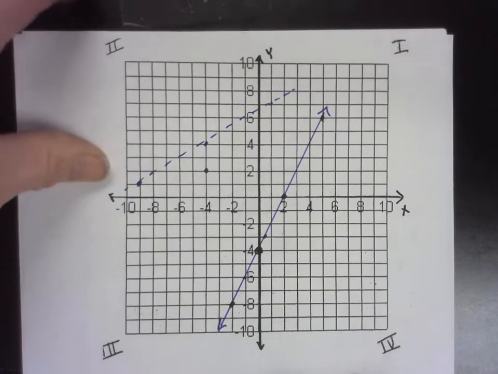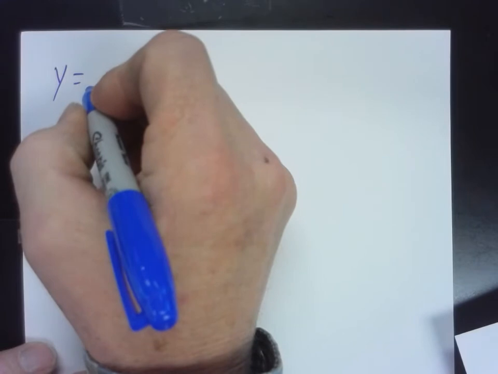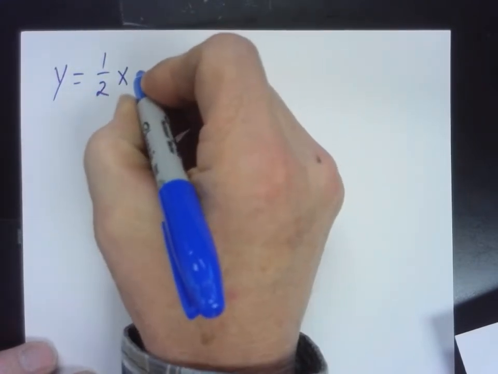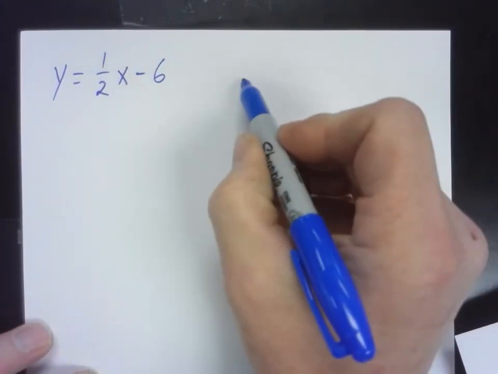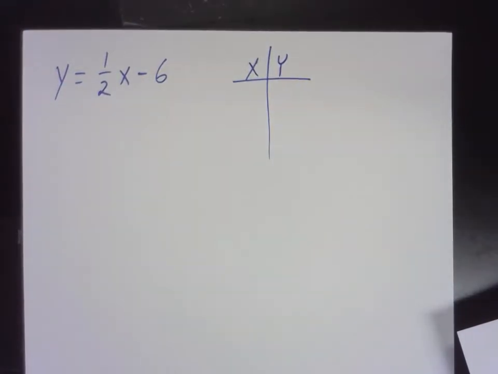So, graphing a line. If I give you an equation, ready? Here's an equation. Y equals, should I make it a little hard? 1/2 x subtract 6, okay? I want you guys to do some points. I want you to put some numbers in for x and get some numbers out for y, and then I'm just going to call on you, and we'll see what we come up with.